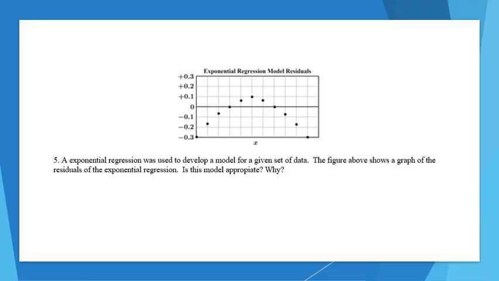Number 5, an exponential regression was used to develop a model for a set of data. The figure shows a graph of the residuals of the exponential regression. Is the model appropriate and why? And so this actually comes from that graph from question 1, but this would not be appropriate because there is a clear pattern in the residual plot.